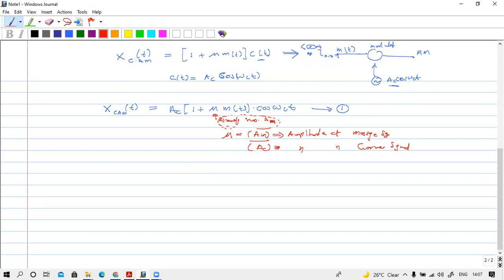We can expand this signal. We can write this complete amplitude modulated signal as A_C cos omega_C t plus A_C mu m(t) cos omega_C t.